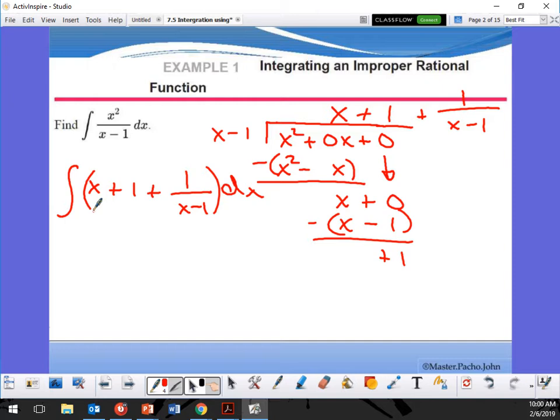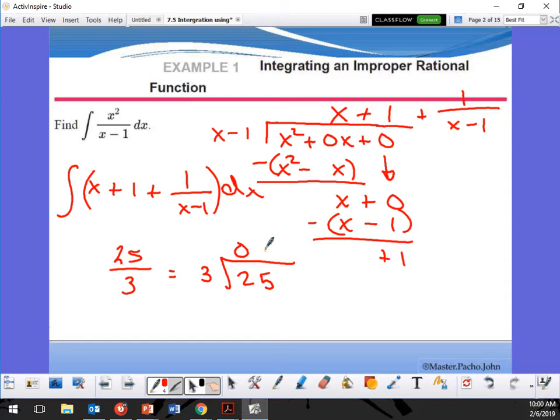Because this is the division, right? So if I put some numbers in here and say that's 25 over 3, my long division would look like this. It would look like 3 on the outside and then 25. How many times does 3 go into 2? 0, right? Now how many times does 3 go into 25?